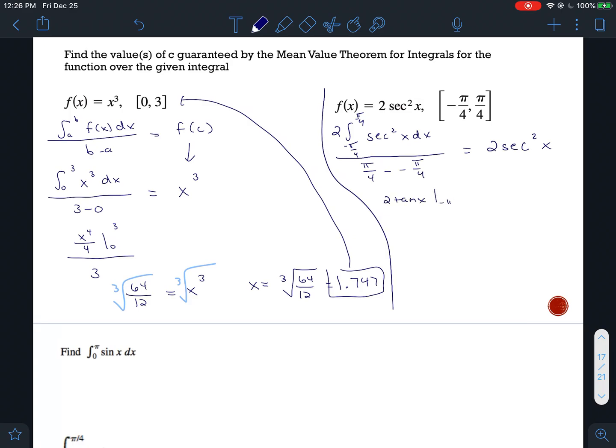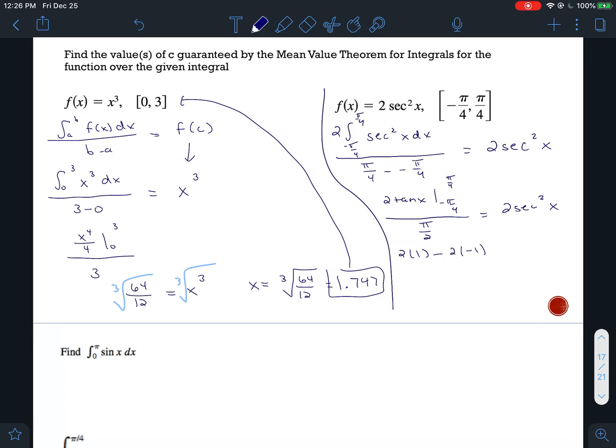So if I integrate secant squared, I get tangent. So I get 2 tangent x between negative pi over 4 and pi over 4. And then divided by pi over 4 minus negative pi over 4 would be 2 pi over 4, which would be pi over 2. And that's going to equal 2 secant squared x. The tangent at pi over 4 is 1, so this is 2 times 1.